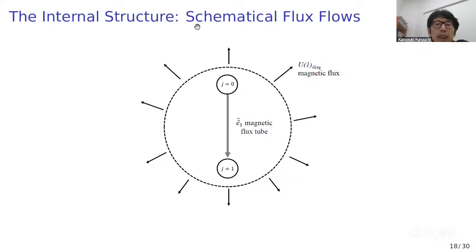Schematically, just following the magnetic flux flows, the unbroken one goes out, but the broken one in this basis has to come from somewhere and go into this monopole. This flux tube has tension and pulls them, and that counters the magnetic repulsive Coulomb force. And by the balance, you can estimate the size.